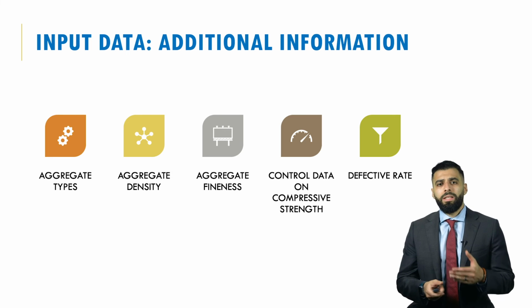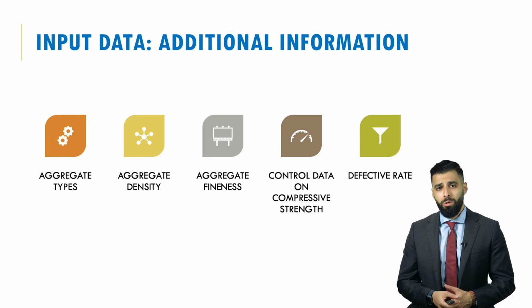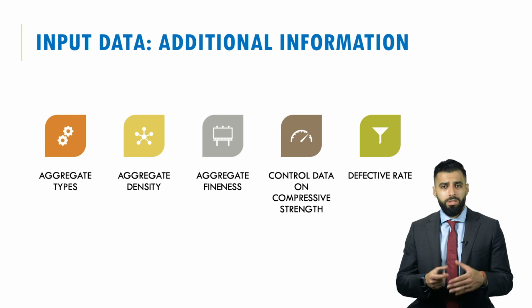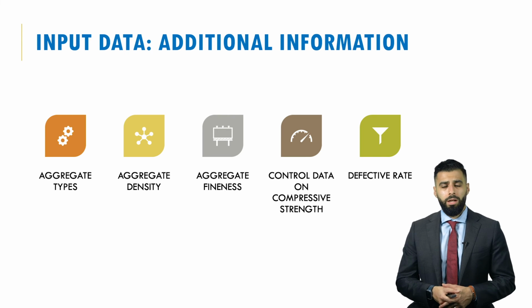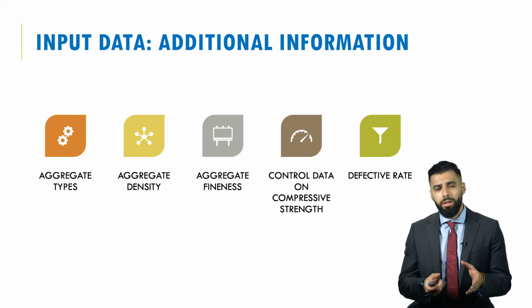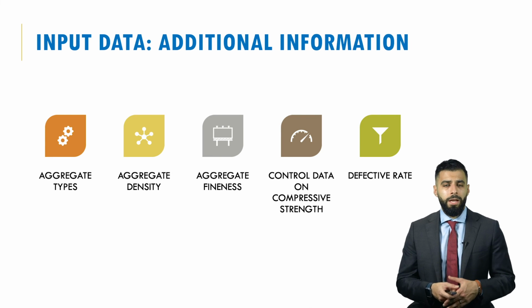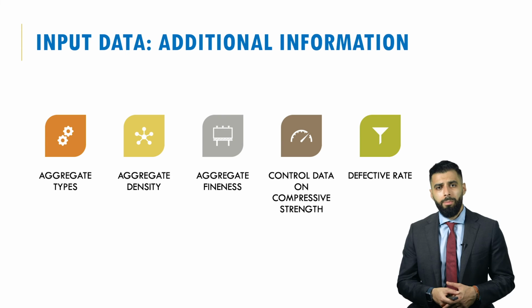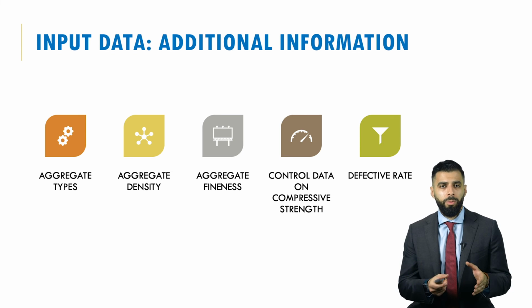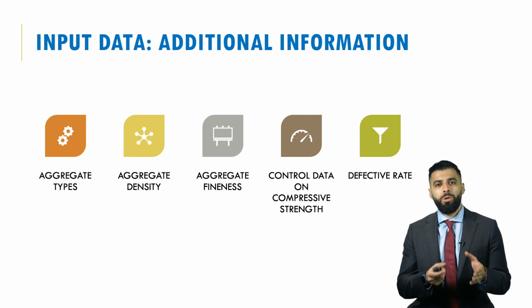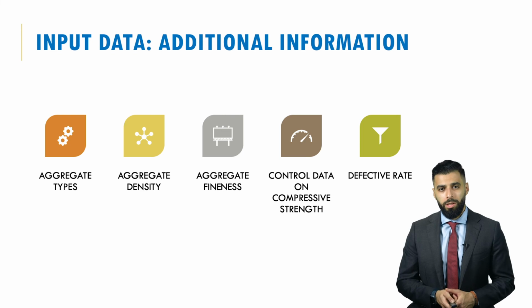To combat this issue, what we do is we try to sample some of these concrete mixes and make sure that it's within a satisfactory level when it comes to compressive strength. Likewise, a maximum defective rate would have to be specified to make sure that there's only a small number of samples that do not comply with the required strength.